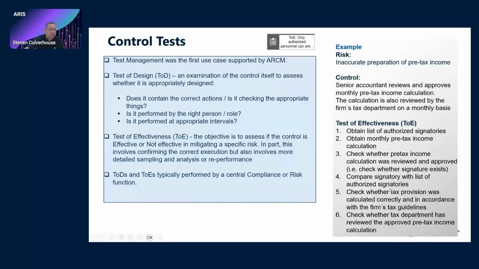Let's see how the calculation is done, and is that in line with the firm's tax guidelines? So as you can see, we're going a lot deeper than just saying, yes, that check was done, it's signed off, and they identified that one month was inaccurate. It goes a lot further than that. But as I say, you can rely on the results of the executions to inform your control test to a certain degree.